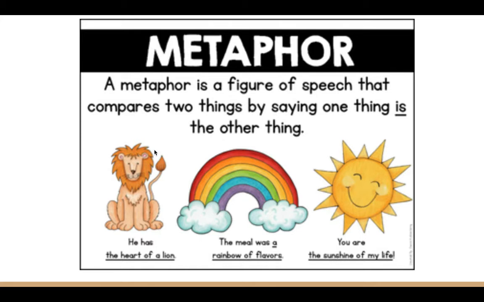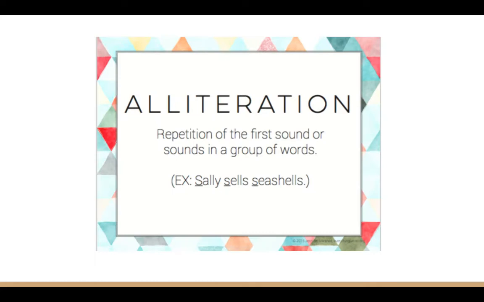Okay, so next we're going to do alliteration. Alliteration is a repetition of the first sound or sounds in a group of words. Sally sells seashells by the seashore. Peter Piper picked a peck of pickled peppers.